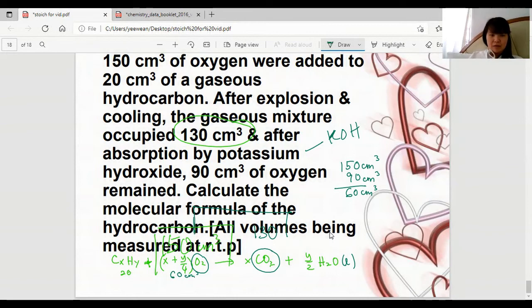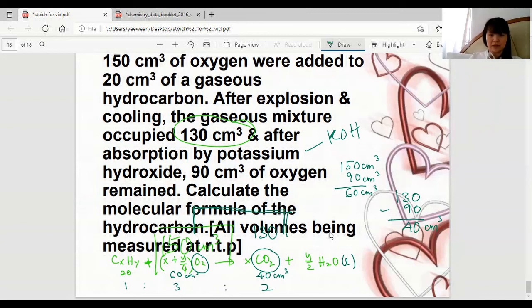Okay, so out of all this 130, 90 was oxygen. So 130 minus 90 of oxygen, that makes 40 centimeter cubes of carbon dioxide. We have no information about water here, but that's fine. So 1 is to 3 is to 2.